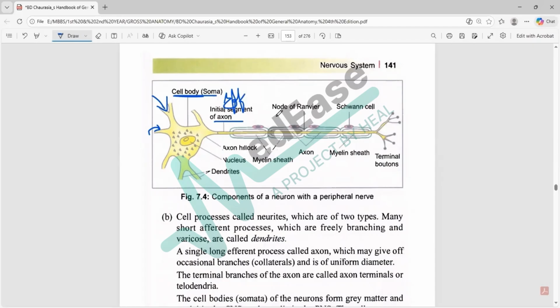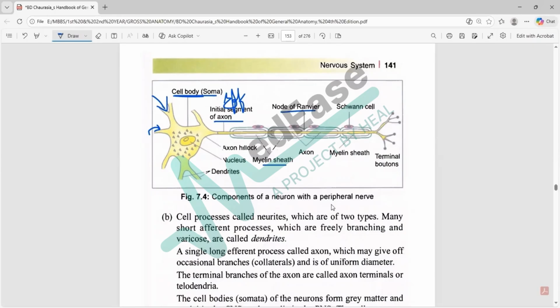Some of the neurons are myelinated by the myelin sheath to produce the nodes of Ranvier, which are the spaces between the myelin. Terminally, they divide into the terminal buttons. So this is the typical structure of the neuron.